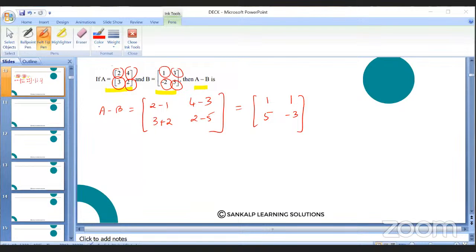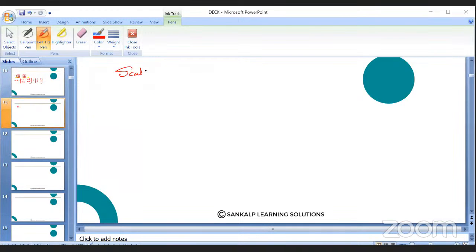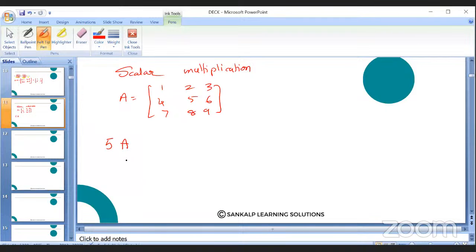Now the next property is scalar multiplication. What is scalar multiplication? Suppose I give you a matrix 1, 2, 3, 4, 5, 6, 7, 8, 9. Suppose you are multiplying A by a scalar number.